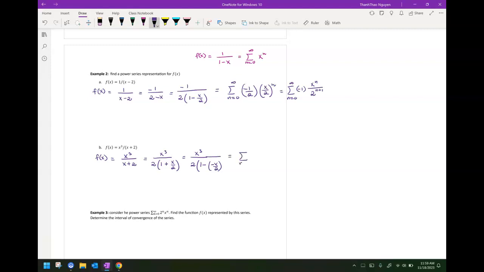This is the sum from n equals 0 to infinity of x to the third over 2 times negative x over 2 to the n. So we have the sum from n equals 0 to infinity of negative 1 to the n times x to the n plus 3 divided by 2 to the n plus 1.